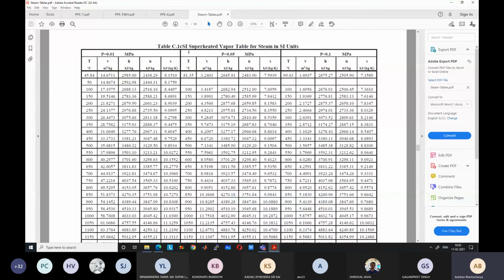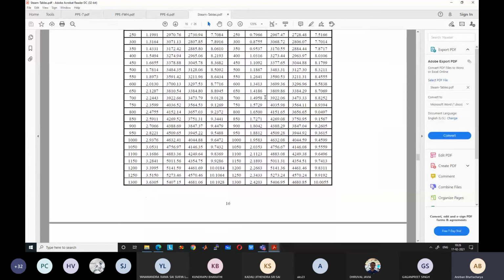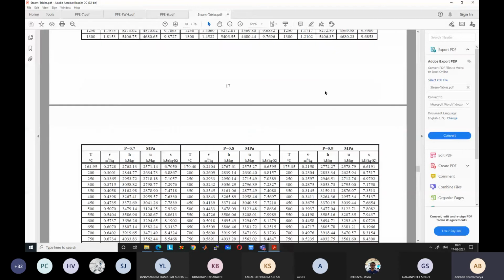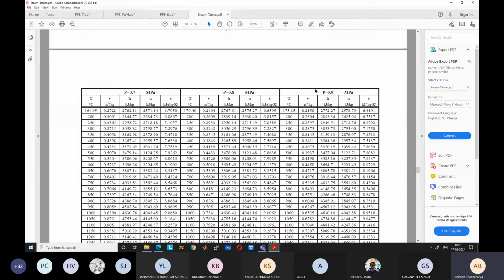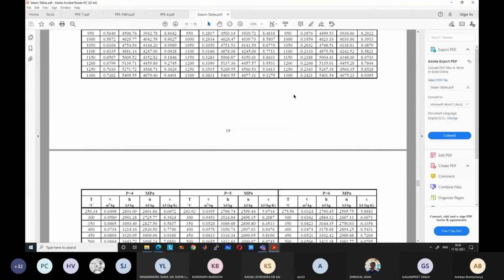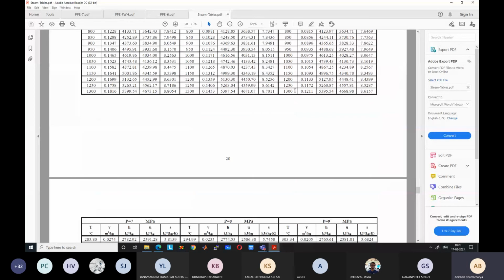What is our pressure? 10 MPa. This pressure is 0.01 MPa, not useful for us. 0.05, 0.1, we have to go much further. 0.2, 0.3, 0.4, 0.5, 0.6, 0.7, 0.8, 0.9, 1, 2, 3, 4, 5, 6, 7, 8, 9, 10. 10 MPa pressure and temperature 600 degrees centigrade.